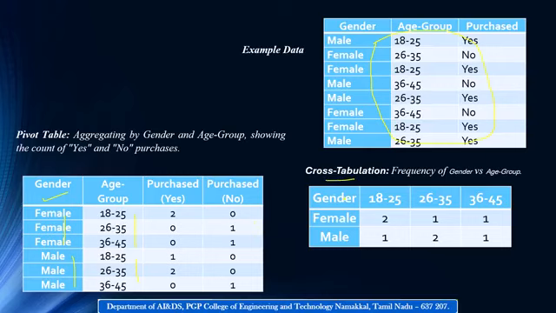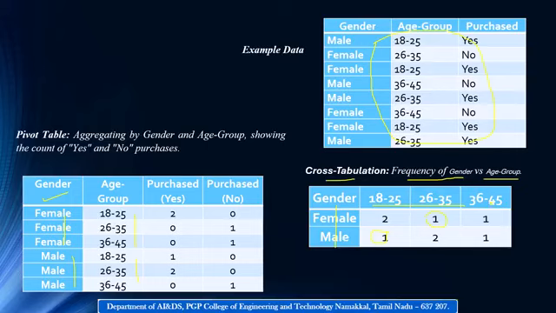In a cross tabulation, you are going for the frequency of the gender versus age group. So I'm taking the gender and the age group here. Gender male, 18 to 25, the number of people purchased is 1. In the age group of 26 to 35, in the case of female, the number of purchases is 1.